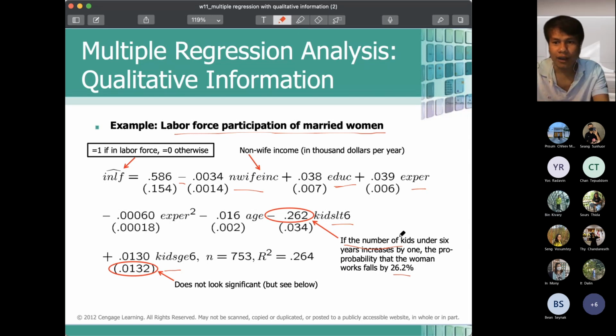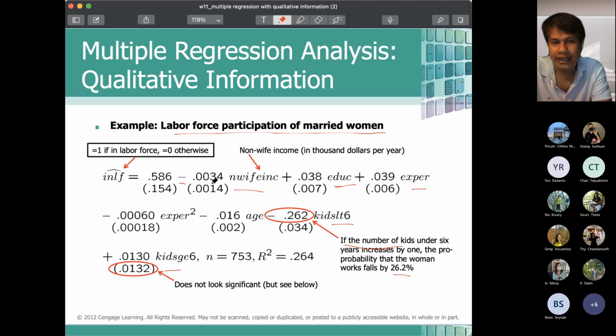Guys, let me explain this again. For non-wife income, the income from the household excluding the married woman, the sign here is negative. But guys, as I told you before, you should start with the p-value, but assuming here they are significant.